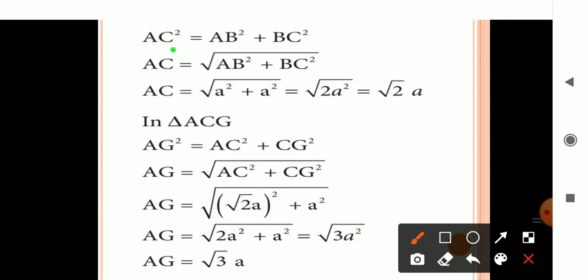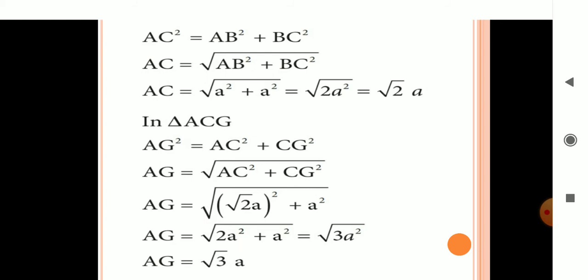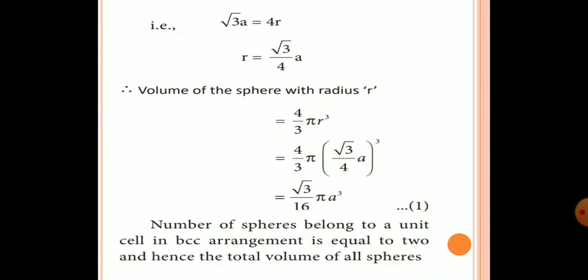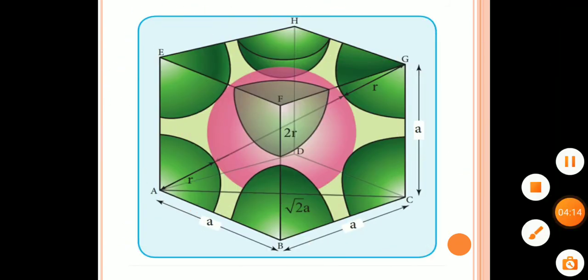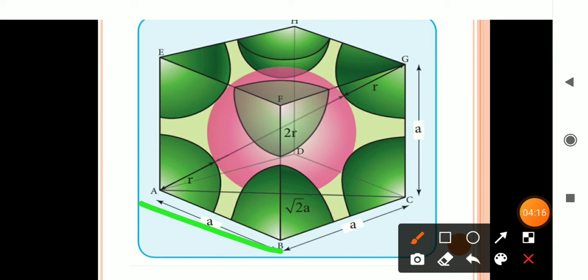Now let us substitute the values of AB and BC. Again come to the picture. Where is AB? Look here, this is AB. AB is the length of an edge. And what is BC? BC is also the length of one edge. So instead of AB, we can substitute a. Also instead of BC, we can substitute a.